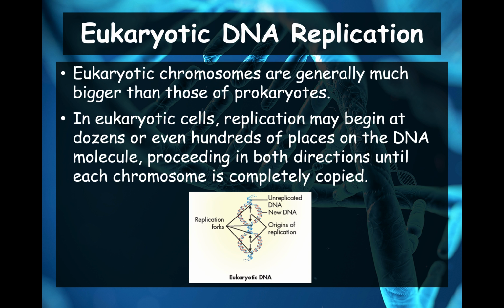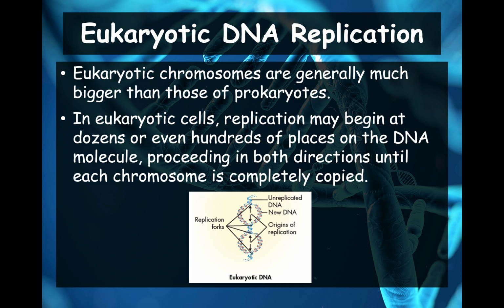Eukaryotic chromosomes, on the other hand, are generally much bigger than those of prokaryotes, and we know that because eukaryotic cells are much bigger than prokaryotes. In eukaryotic cells, replication may begin at dozens or even hundreds of places on the DNA molecule, and it does proceed in both directions until each chromosome is completely copied.